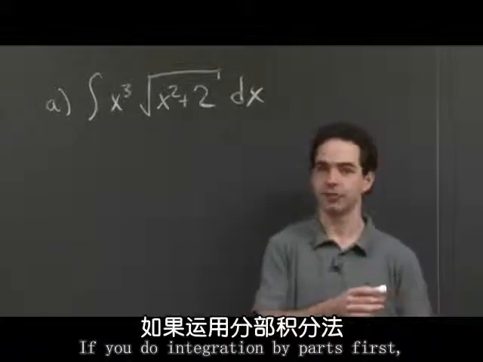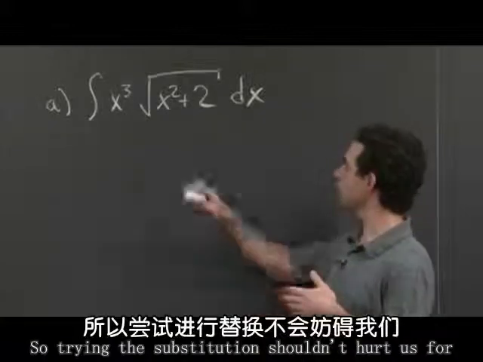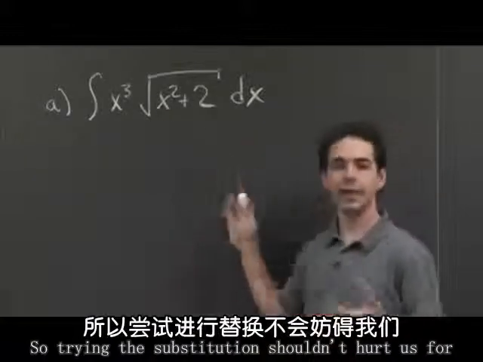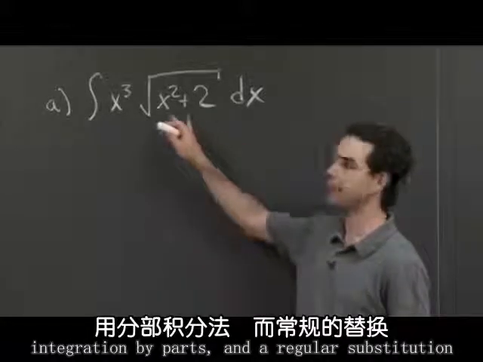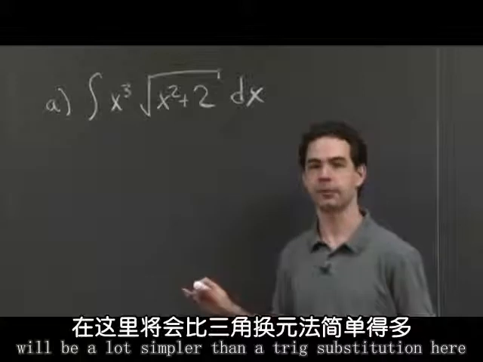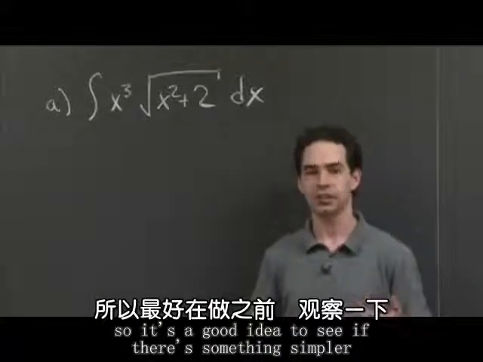If you do integration by parts first, you can still do the substitution afterward. So trying the substitution shouldn't hurt us for integration by parts. And a regular substitution will be a lot simpler than a trig substitution here, right?